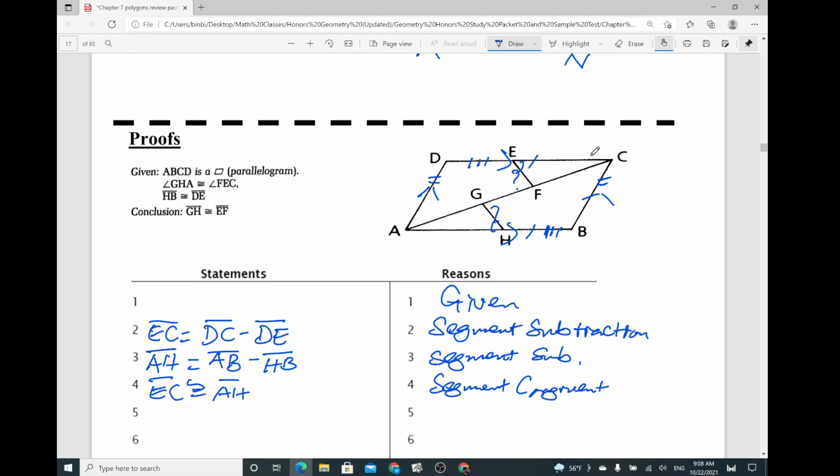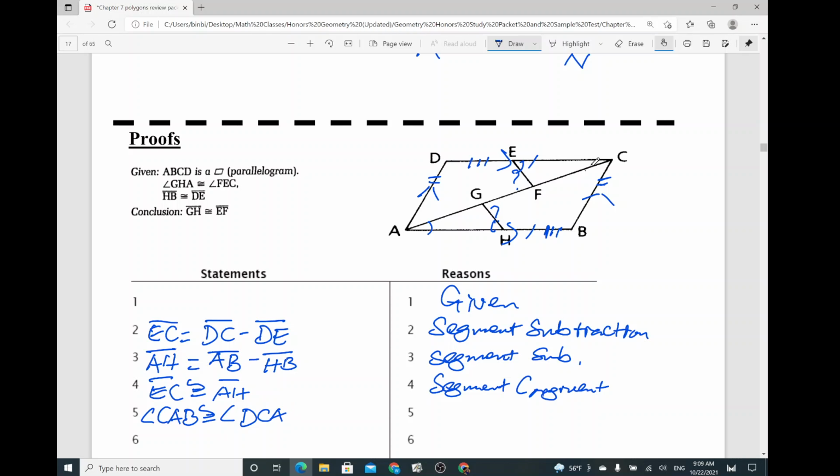Once we prove that those two line segments are congruent, another thing we can state is that angle CAB is congruent to angle DCA.